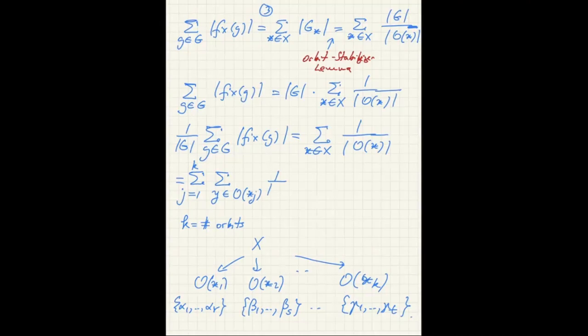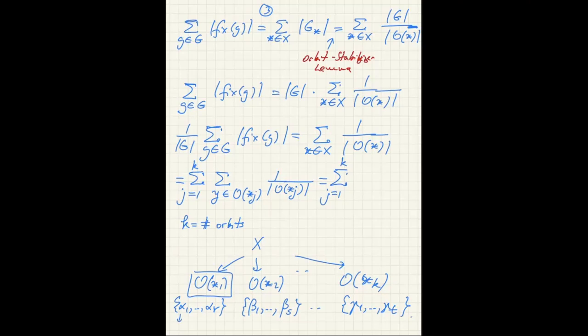But because y is in the orbit of xj, the orbit of y is the same as the orbit of xj. So that's a useful property there. And then this is going to be a summation of j equals 1 to k. If you pick an orbit, let's say the first orbit of x1, you're summing over every element of that orbit, and you're summing 1 over the cardinality of that orbit.